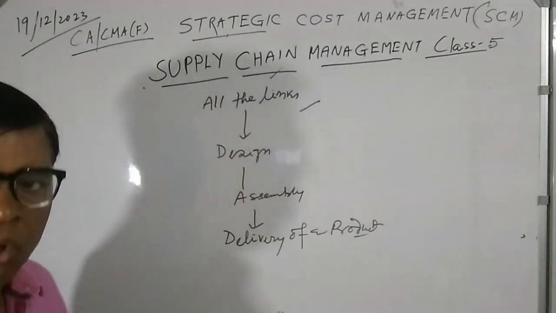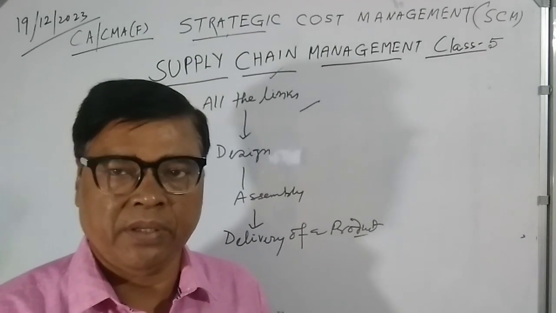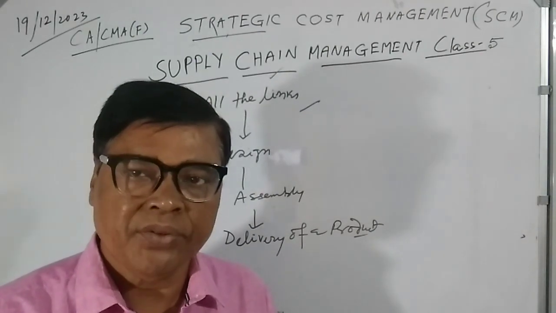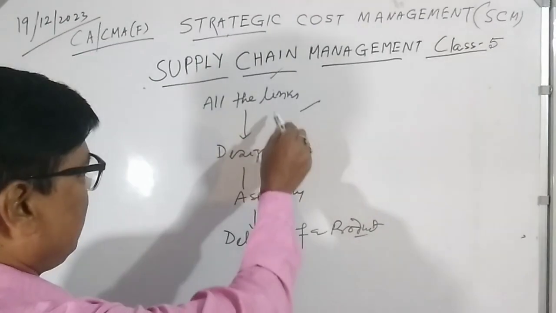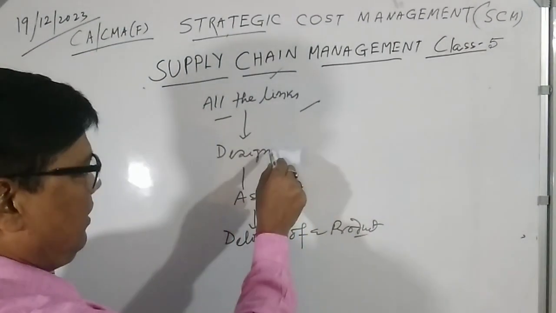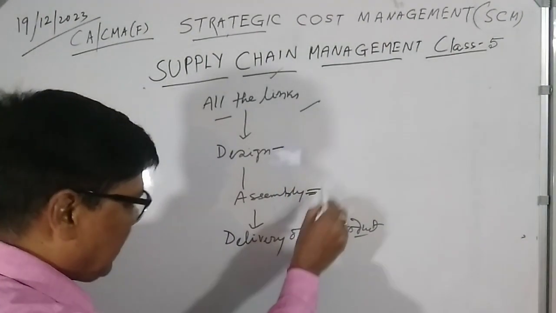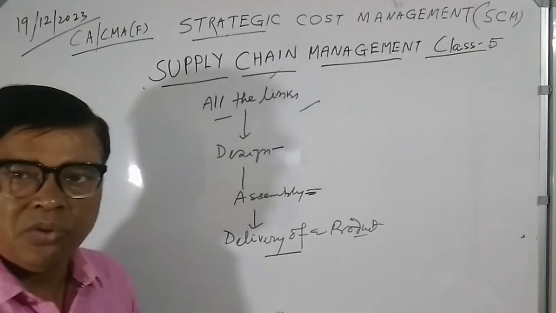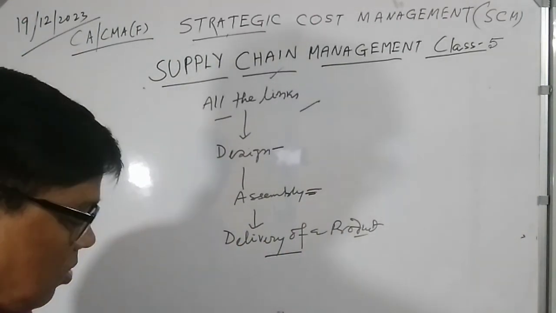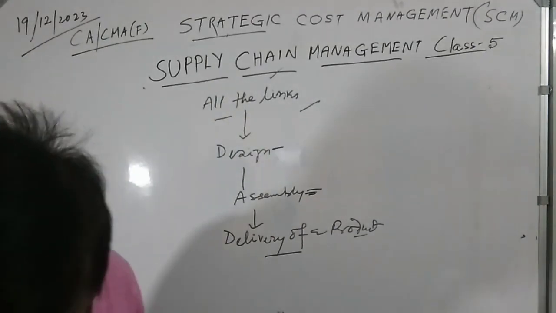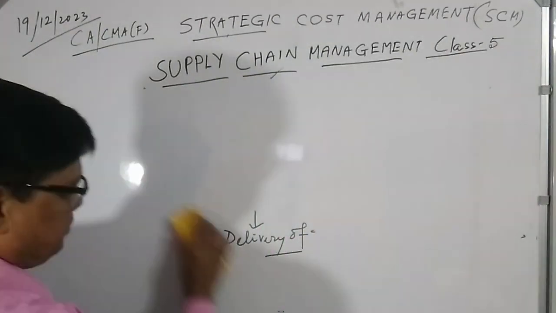It will not run automatically. Our basic objective is to reduce wastage and minimize it. So you identify all links, design, assemble and deliver the product. You have to identify these first, then only your operations will be successful.